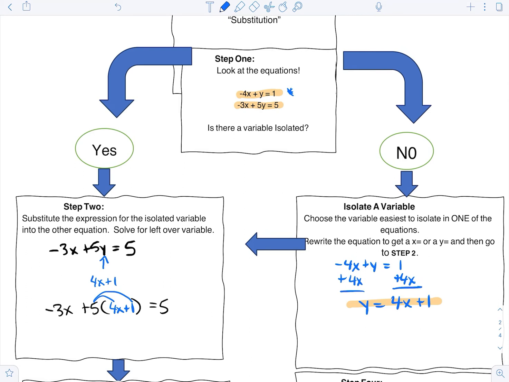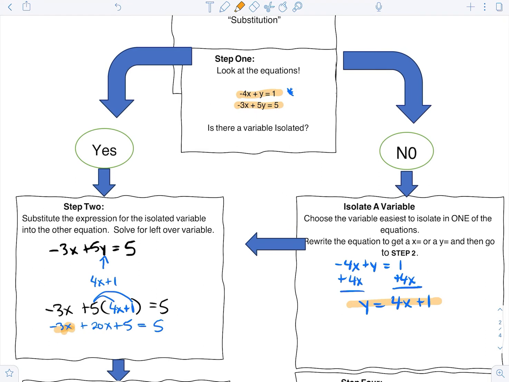Now we're going to simplify and solve for the variable that's left, which is x. All right, so negative 3x plus 20x plus 5 equals 5. That's what happens when we distribute the 5.